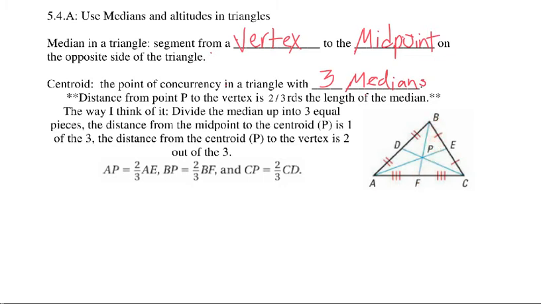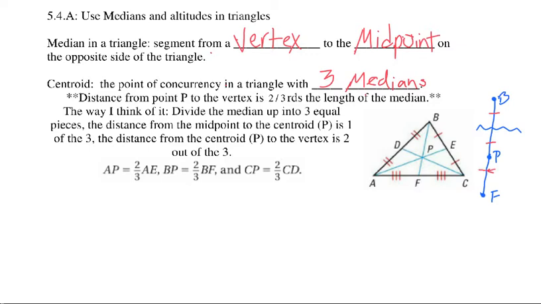So what you have to think of is that the section is divided up 3 different ways. If you see my little segment right here, I drew it a little bit bigger so I can draw some things on it, BP takes up 2 little pieces. So if you think of dividing it up, these are technically 3 equal pieces.